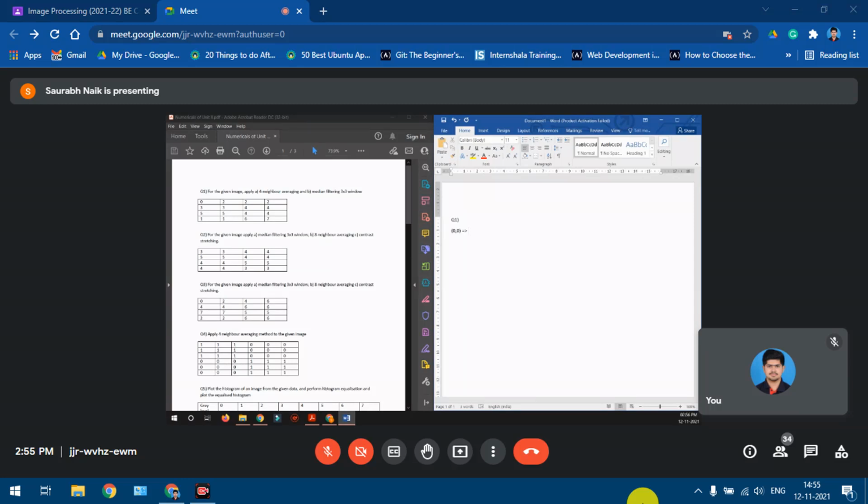So you have to write this as 2 plus 3, and the average of this would be divided by 4. Now, in this particular case, whenever you get a 4 neighborhood averaging, you will have to divide it by 4, even though you have an average of just 2 numbers.